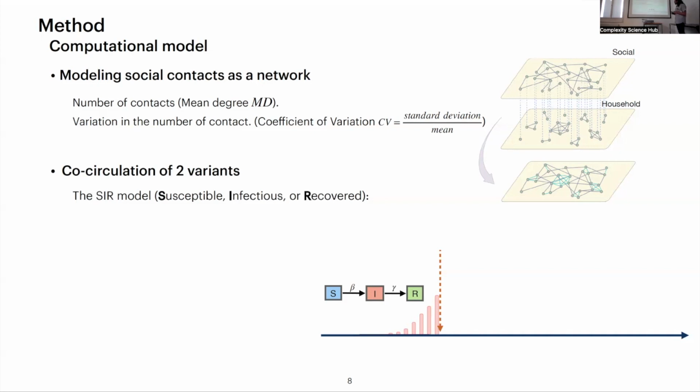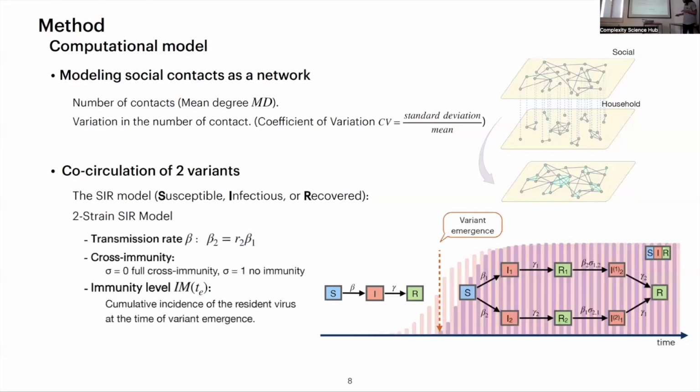Then at a specific time, when the cumulative incidence reaches a certain threshold, we introduce the second variant. At this point, we have a two-variant SIR model. These two variants interact with each other through the cross immunity.